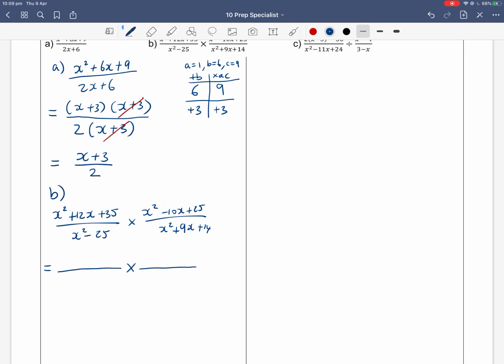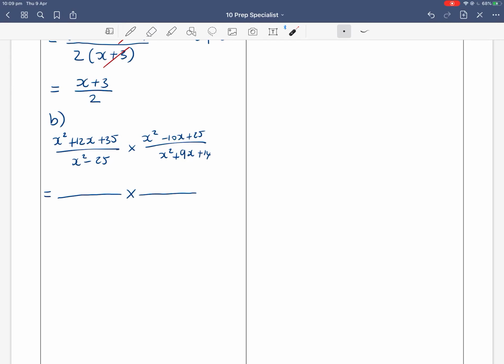So all four parts of top and bottoms involve quadratics, so we need to do a little side calculation of your plus b times ac. But in particular, this one here, the denominator of the first fraction, it's in the form of a squared minus b squared.